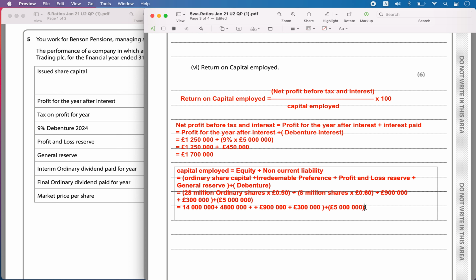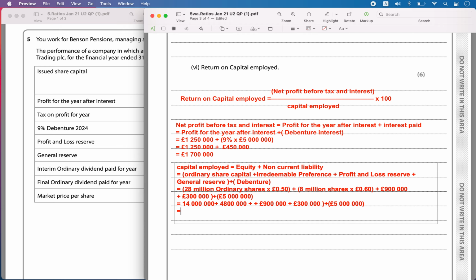So that is going to be equal to 14 million plus 800,000 plus 900,000 plus 300,000 plus 5 million.